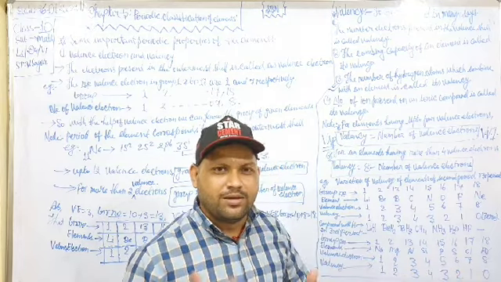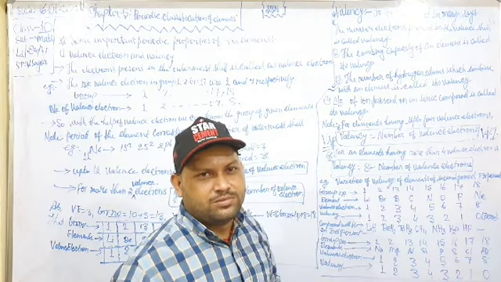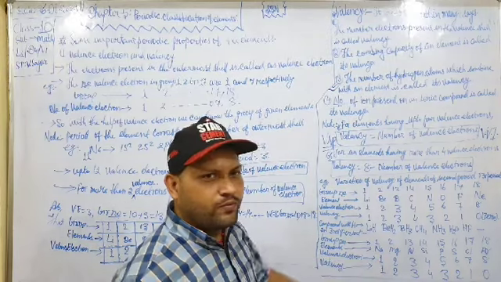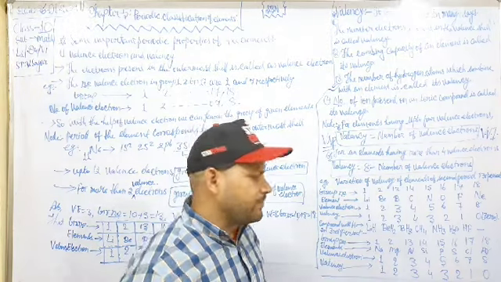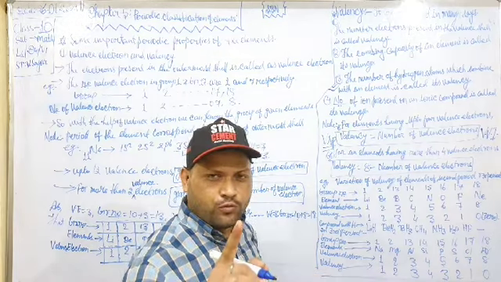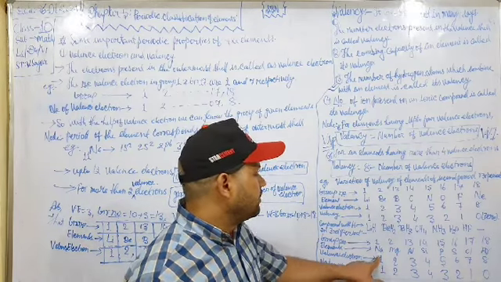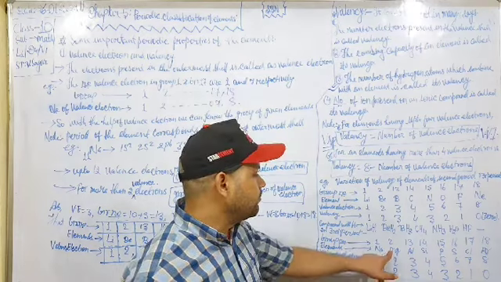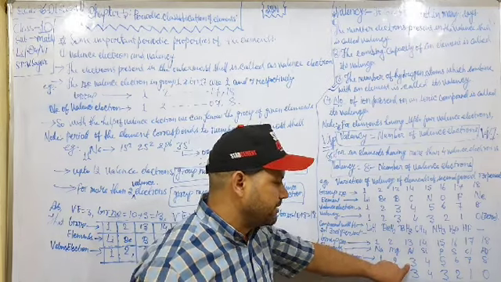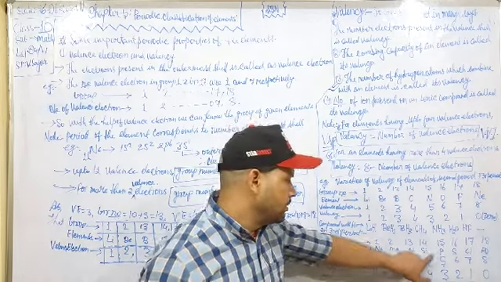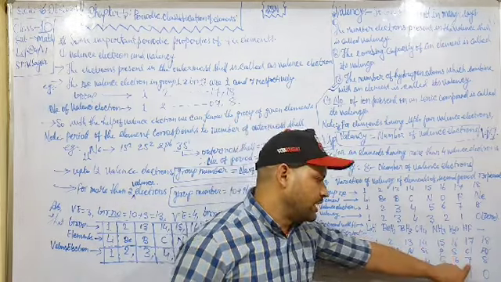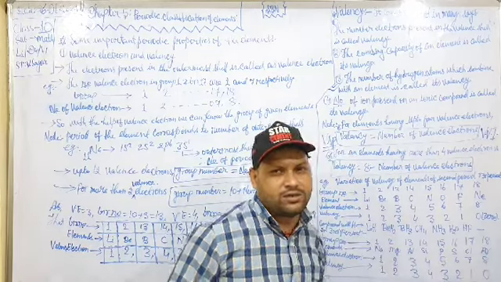Please, some work you should do. When you write the electronic configuration, you will find the number of valence electrons. For sodium it is 1, for magnesium 2, for aluminum 3, for silicon 4, for phosphorus 5, for sulfur 6, for chlorine 7, for argon 8.